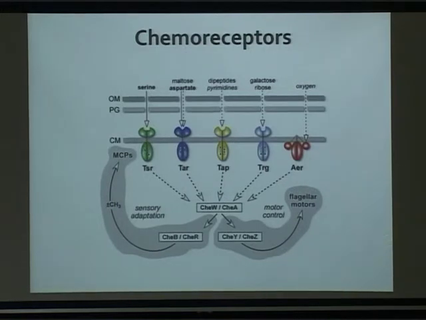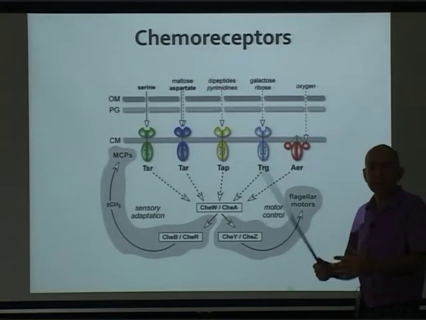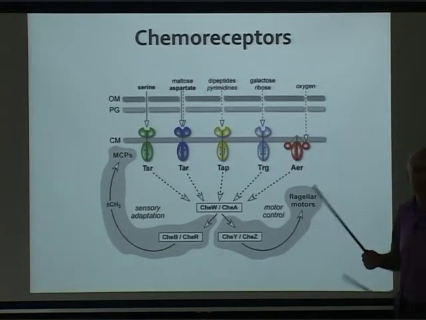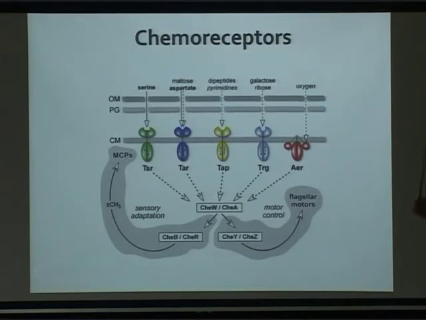So this also sets very interesting questions, not all of them answered, as to, in presence of several different stimuli, how can the bacterium tell which is which? If, after all, everything goes into the same memory, which is this fraction of phosphorylated CheY proteins. And it's not obvious.